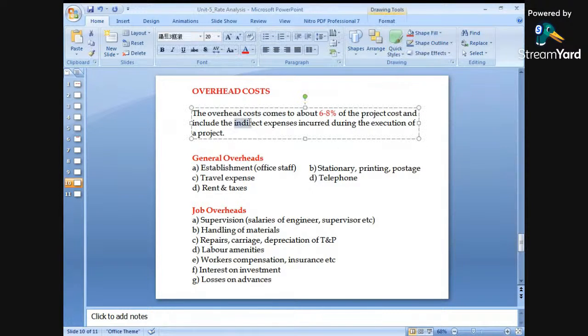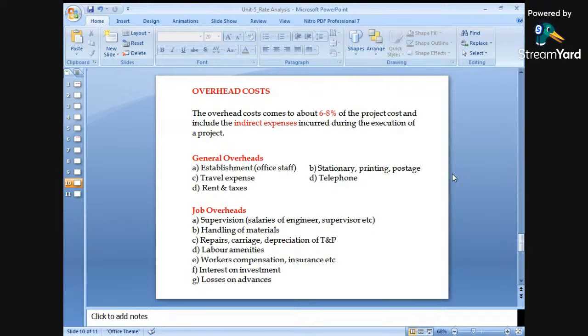The direct expenses we can easily find out from the measurements taken from the drawings, sections or elevations, but in some cases indirect expenses also have to be taken care of under overhead charges.